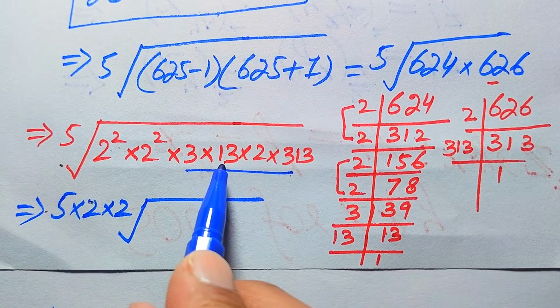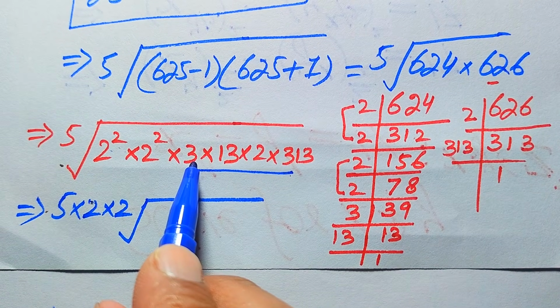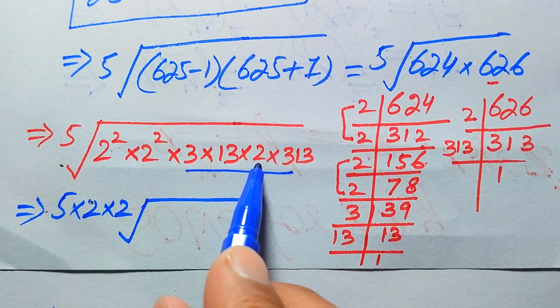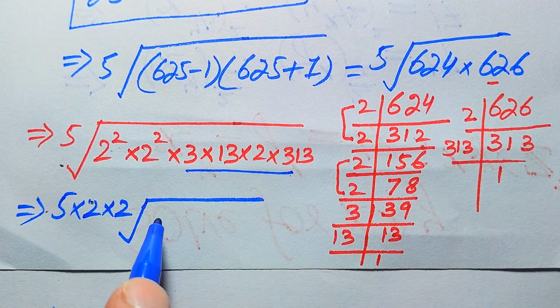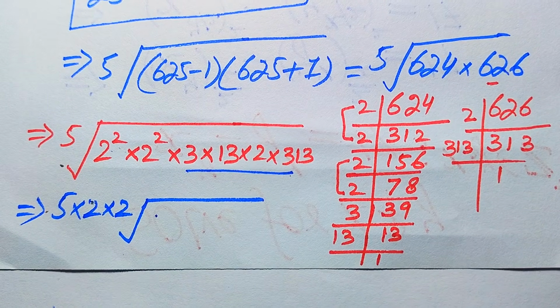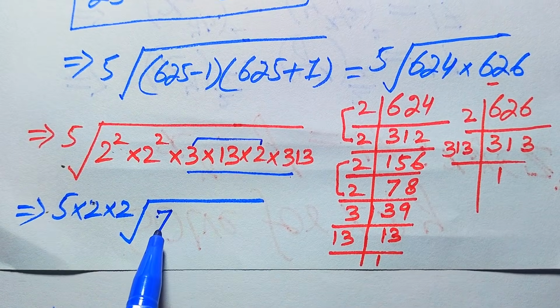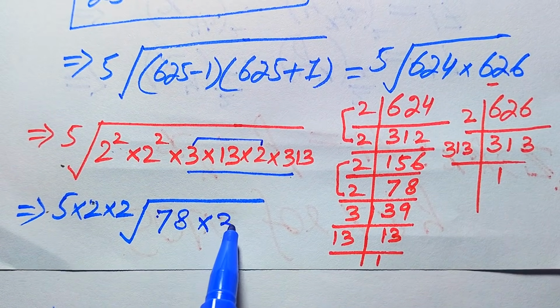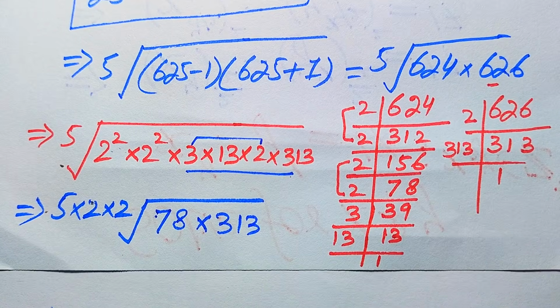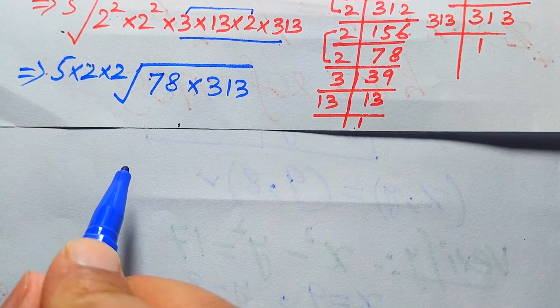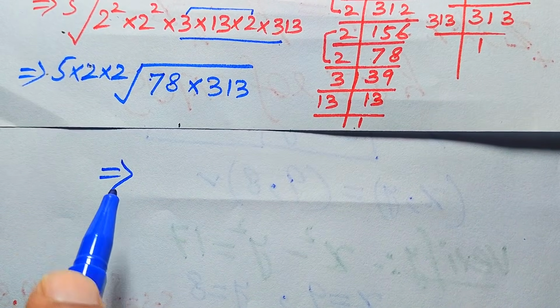So first you see that 13 times 3 becomes here 39, and 39 times 2 becomes here 78. Okay, so when we multiply these values, we obtain here 78 multiplied by 313. So here we need a little bit more simplification, and we easily get the answer of this problem.